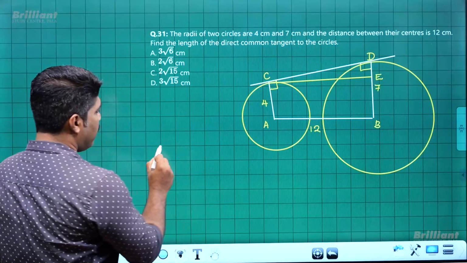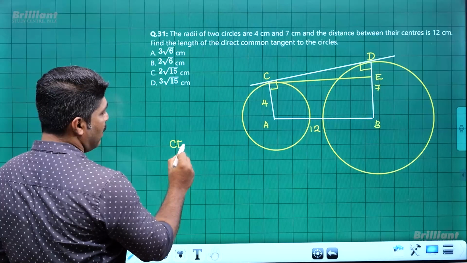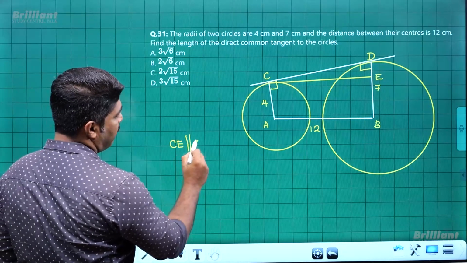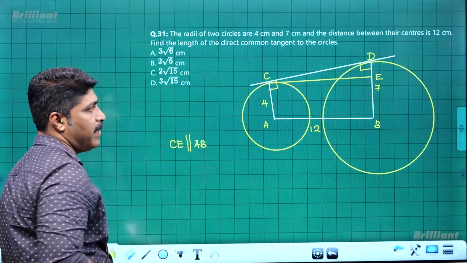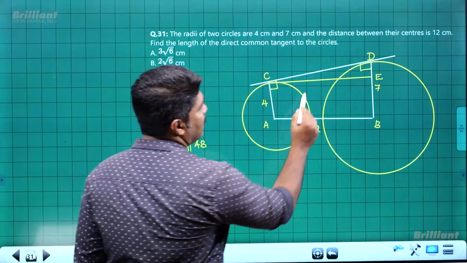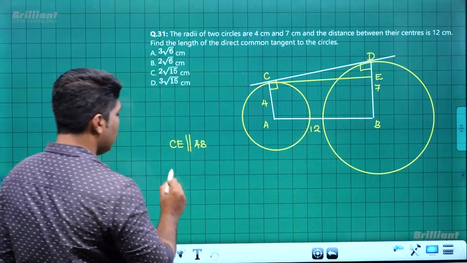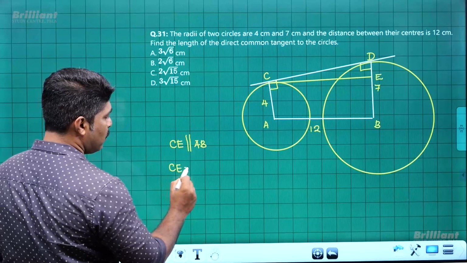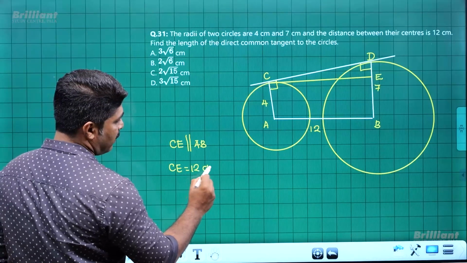So we draw this CE parallel to AB. CE parallel to AB. Hence we get that CE is also equal to 12 centimeter.